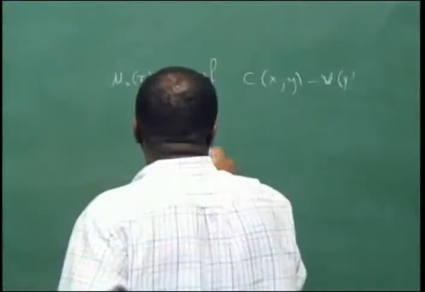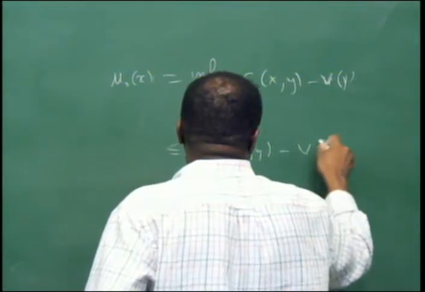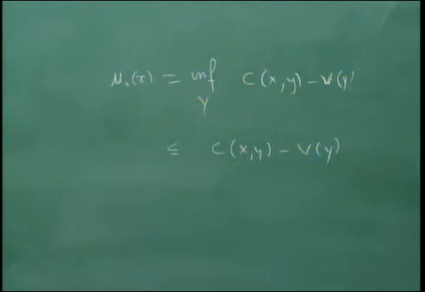Therefore, U0 is less than c of x, y, minus V of y for every y.